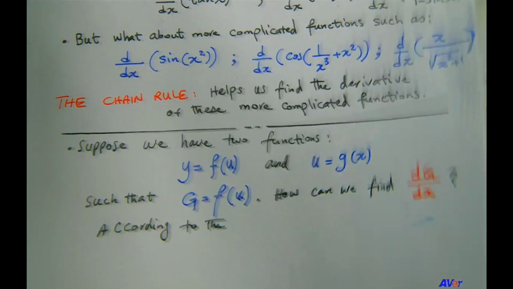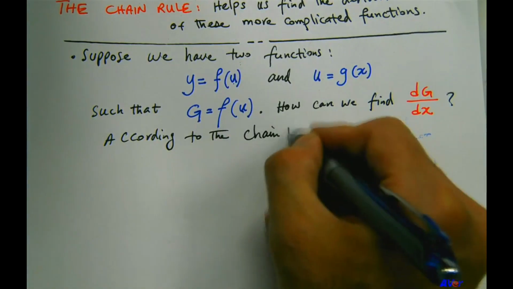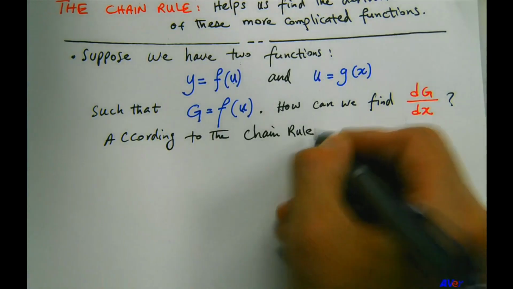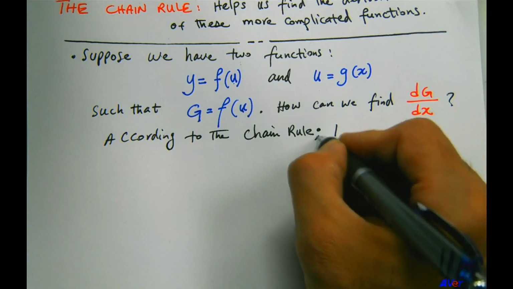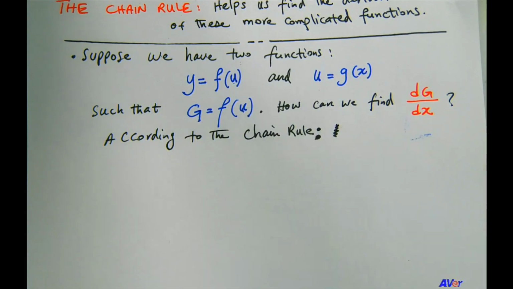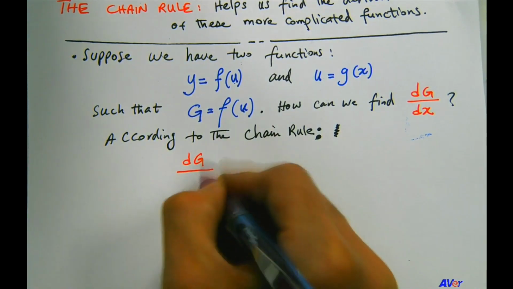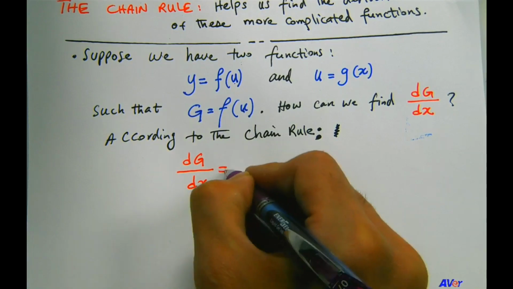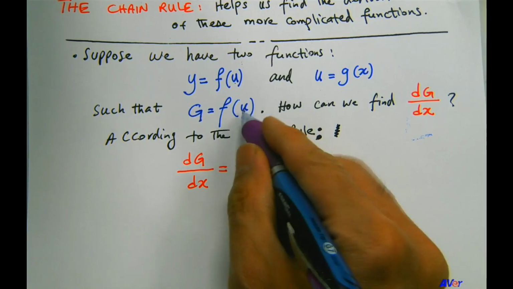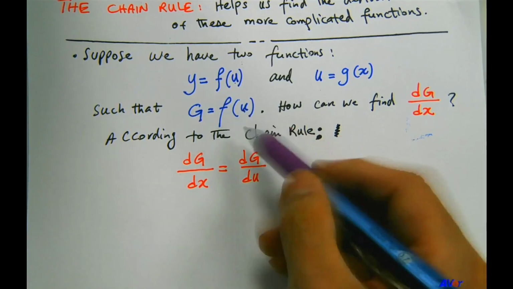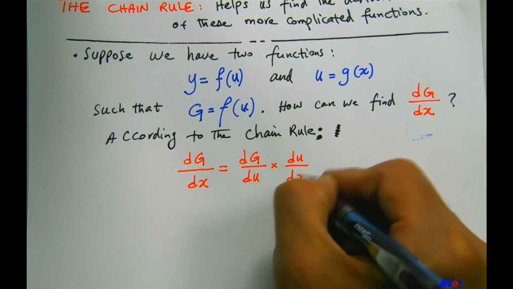Let me move this up a little bit. According to the chain rule, the derivative of function G with respect to variable x is equal to the derivative of function G with respect to u times the derivative of function u with respect to variable x.